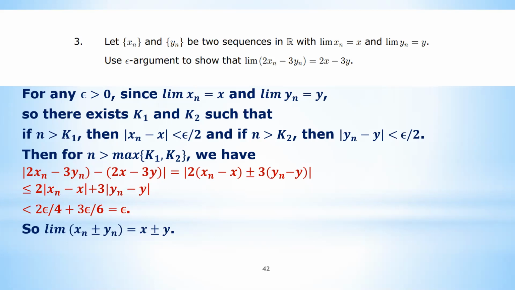So this means that in the previous part, I need to change the writing here. For the x sequence, I want the absolute value of xn minus x to be less than epsilon divided by 4. And for the y sequence, I want this to be less than epsilon divided by 6.